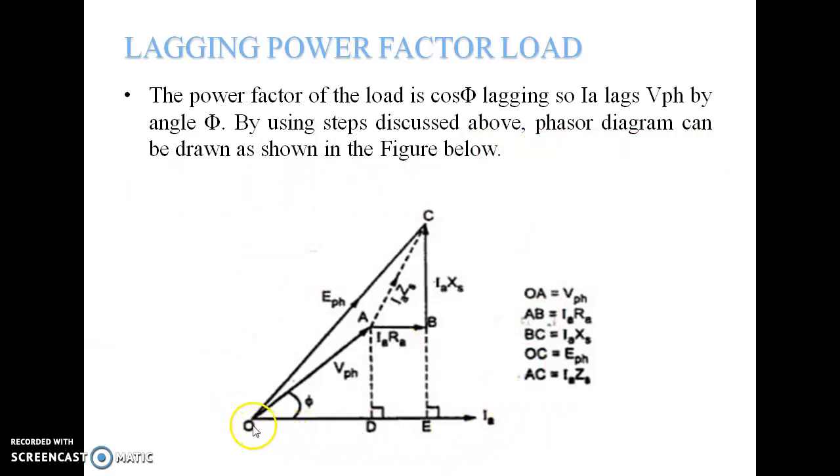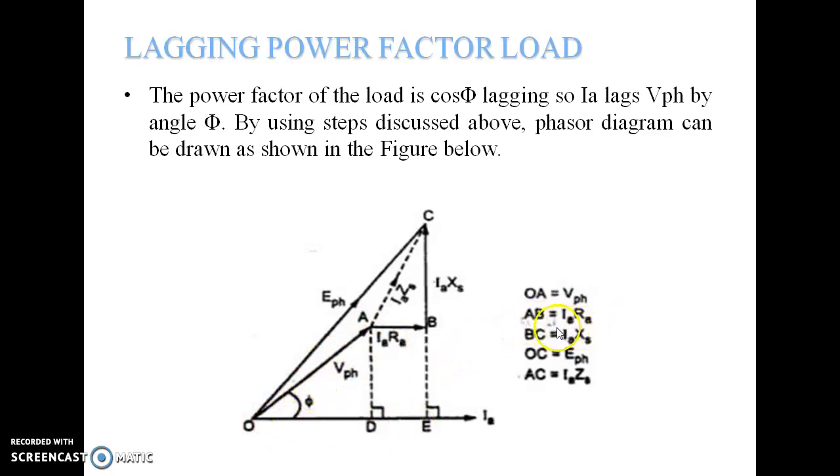Here see, from O to E, this arrow is nothing but IA. We have taken IA as reference. Next, OA is VPH. From O to A, this is the phase voltage. Now, the angle between VPH and IA is your phase angle phi.